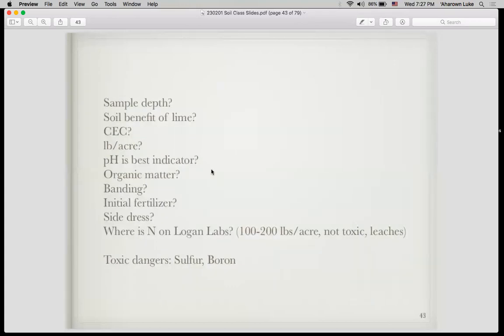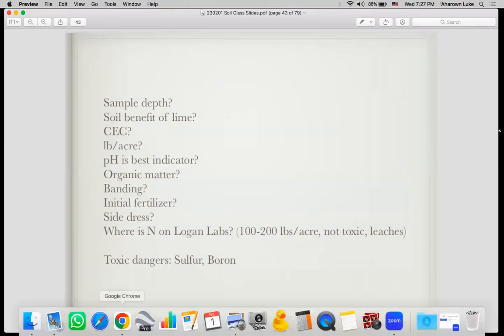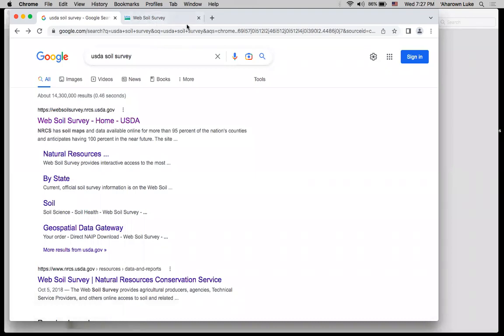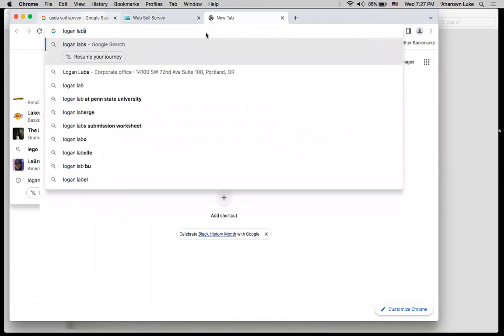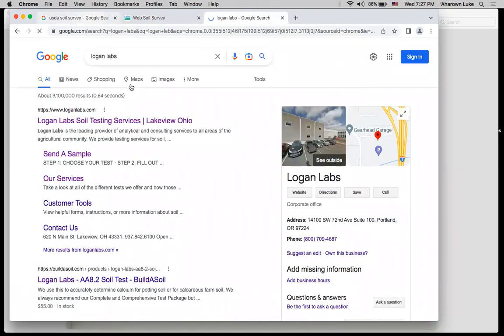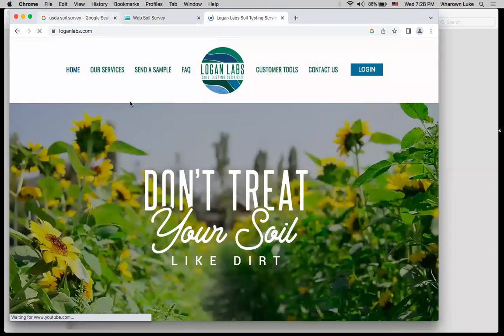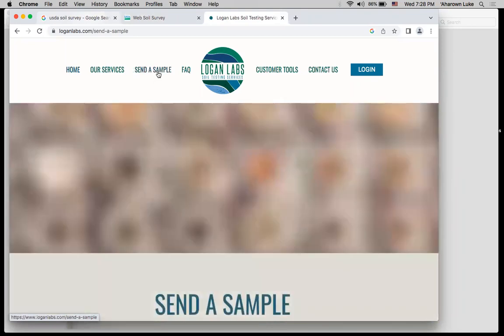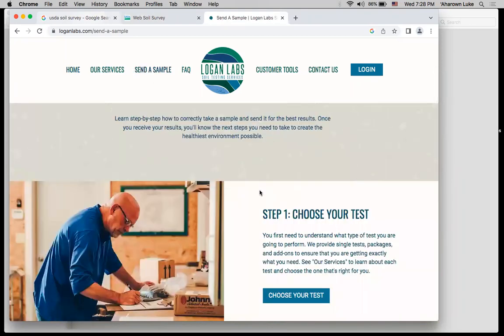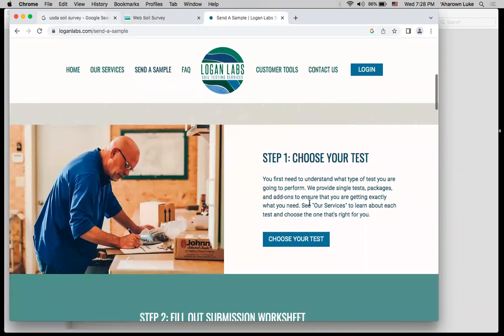Okay, so what is sample depth? I'm not sure if we totally got into that, but on Logan Labs' webpage, under send a sample, loganlabs.com, step 1 is choosing your test.